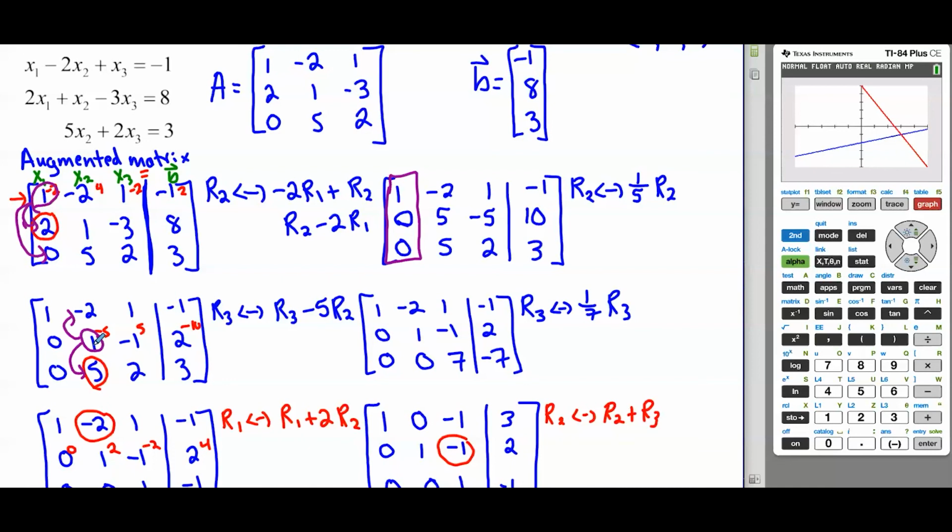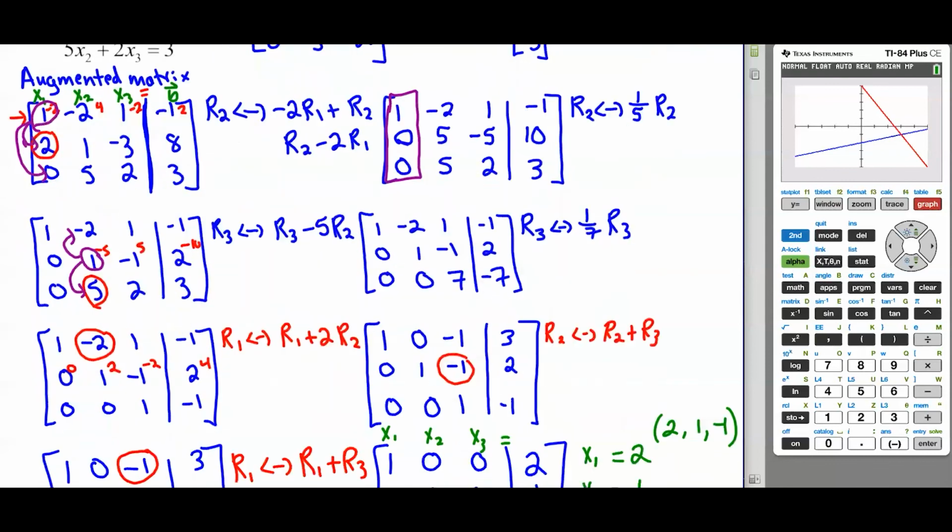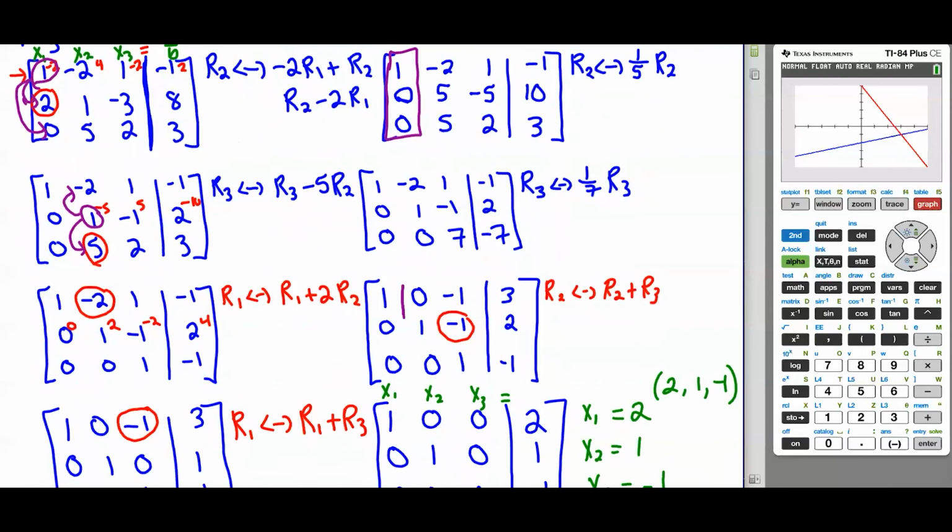We want to use elimination to make the other entries of that column equal to 0. Now, I first made the 5 a 0, and then I went ahead and made this entry a 1, but then I came back and made the entry up top a 0. So at this point, that second column is done.